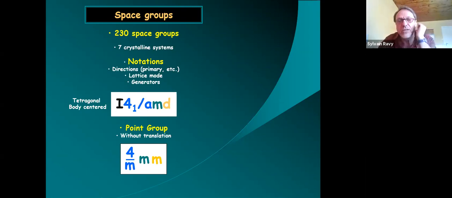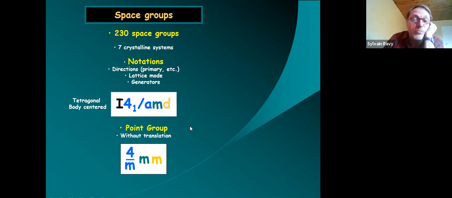And the answer is that you take this notation and you remove everything concerning translation. So you remove the I because it's related to the lattice. You remove the screw axis and replace it by the simple axis. And you transform the glide plane into a simple plane. And this is the point group of your system.